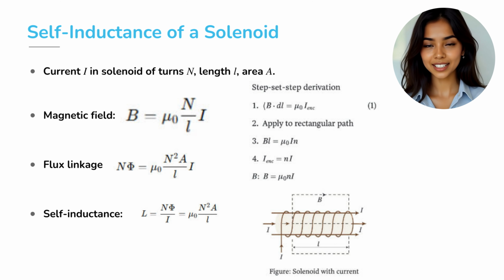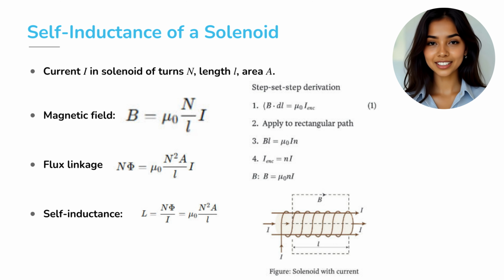That gives L equals mu naught N squared A divided by L. If you check the diagram of the solenoid in your book, you'll see how increasing the number of turns makes the self-inductance rise dramatically. It's like adding more inertia to resist change.